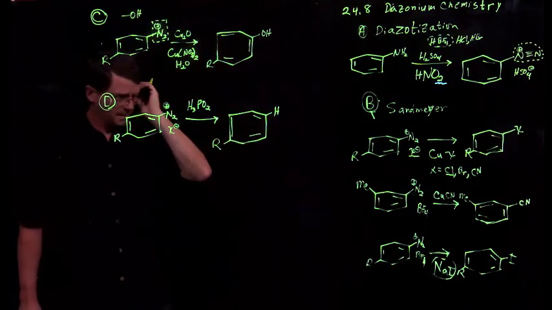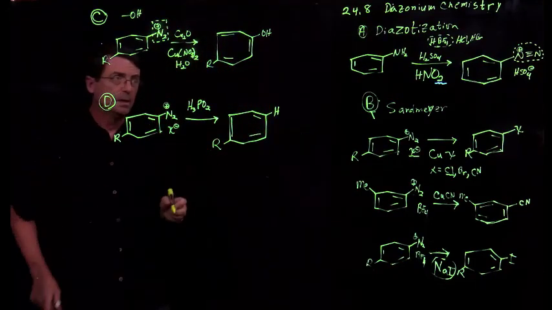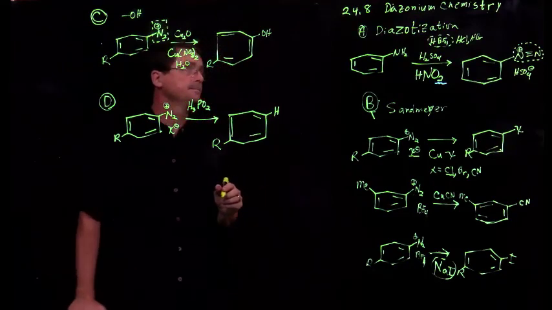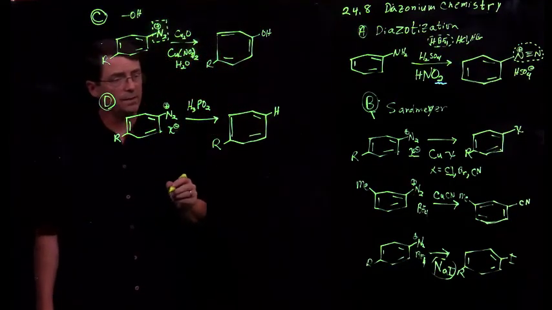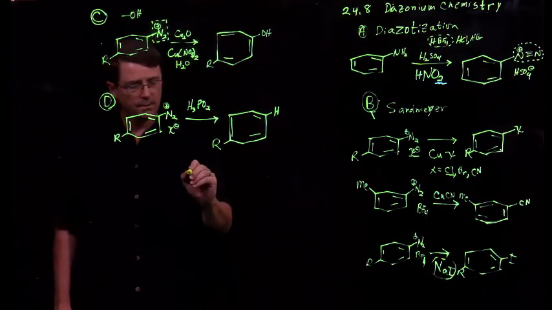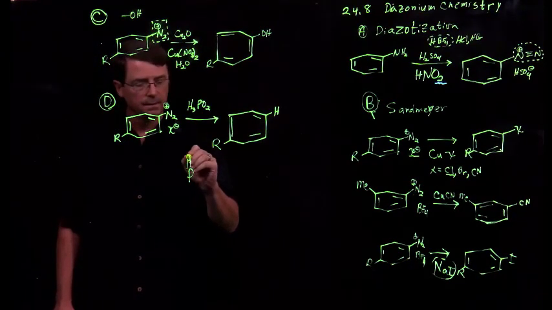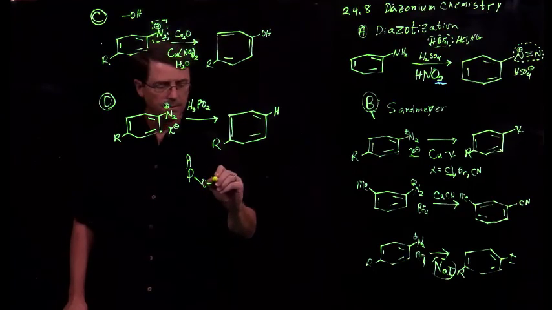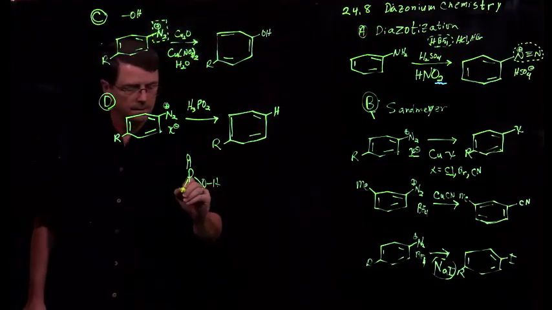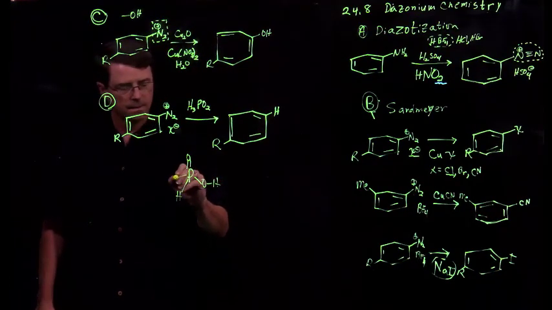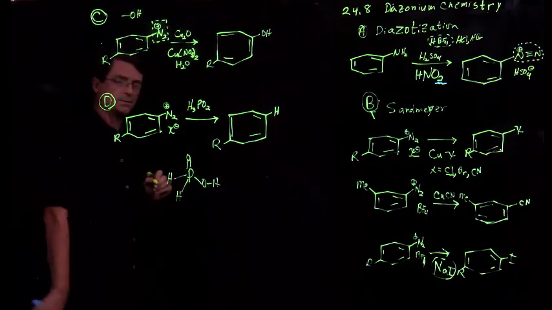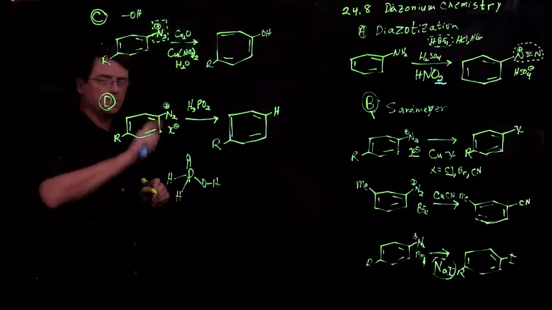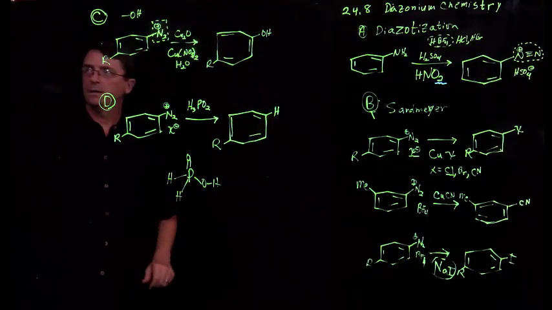Now, why is it that this works? Hypophosphorus acid has the following structure. It has phosphorus hydride bonds, and so the phosphorus donates that hydrogen.